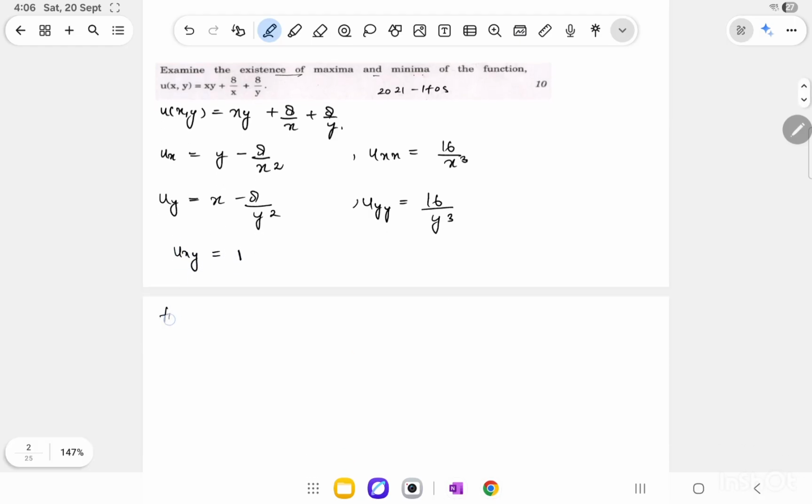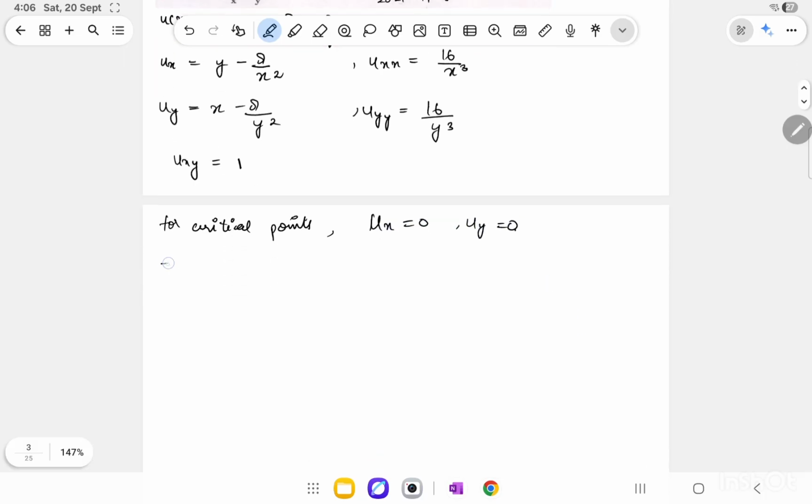So for critical points, we need to equate the first order partial derivatives to 0. That basically gives us y minus 8 by x square equals 0 and x minus 8 by y square equals 0. If I solve this one for y, I'll get y equals 8 by x square.